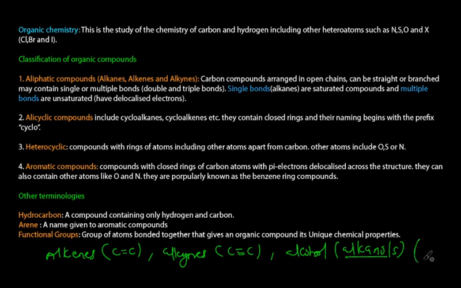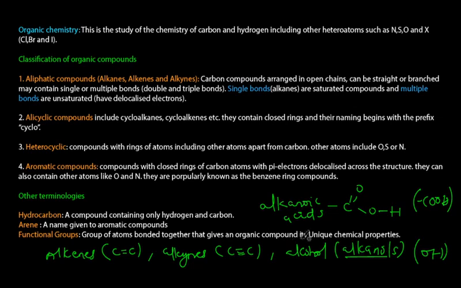They bear the OH group. And then we have the alkanoic acids. Those alkanoic acids have the functional group of C double bond O, C single bond O, then an H, or COOH. They are weak organic acids. So these are some examples of functional groups that we have in organic chemistry.